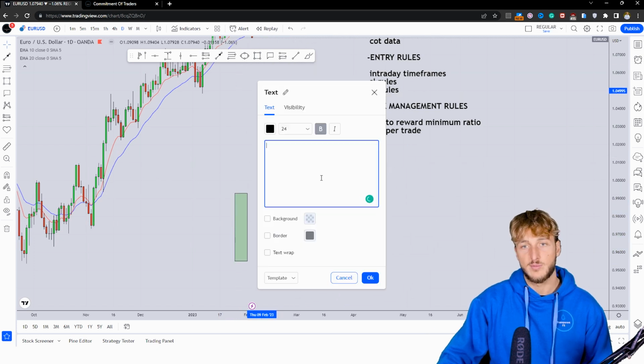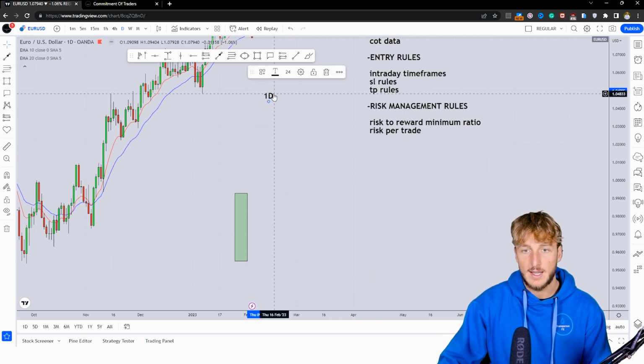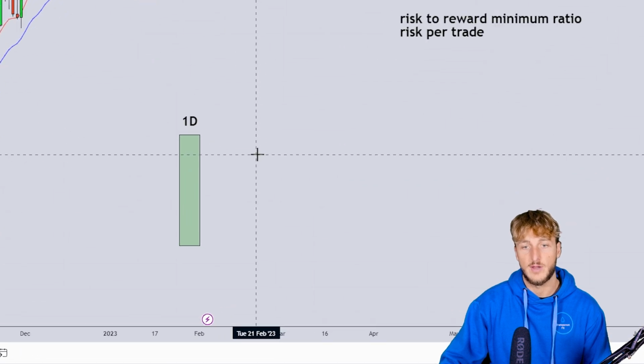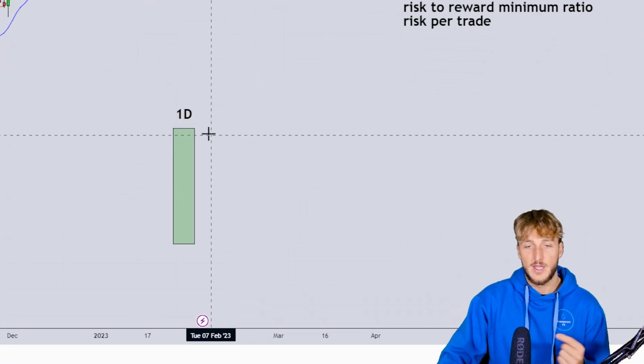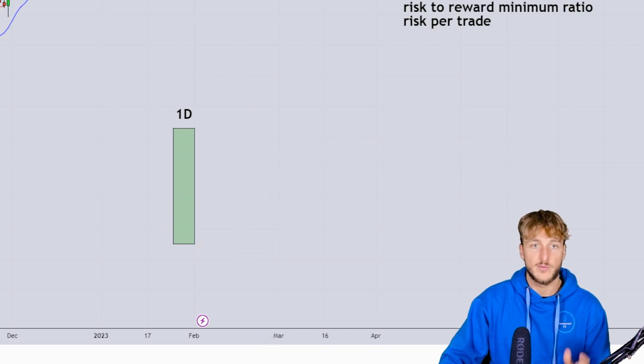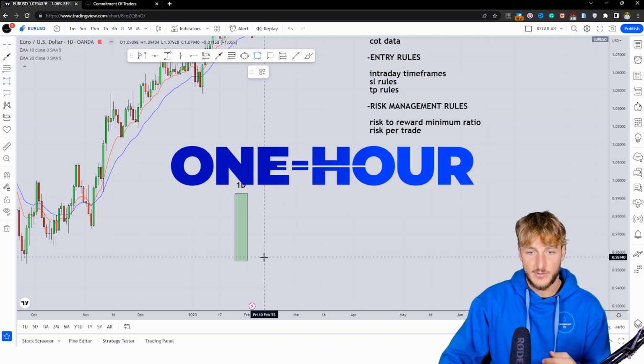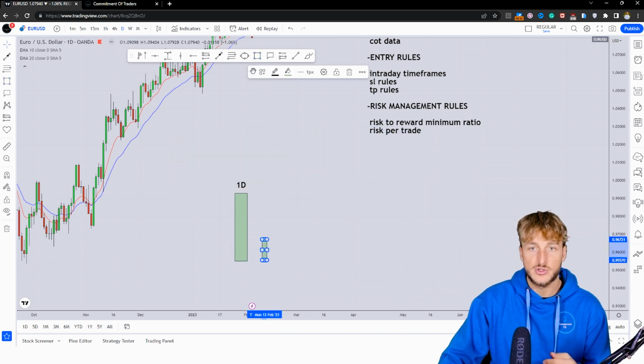Now, let's say this candle here is 1 day. Inside of 1 day, you have 24 hours, right? So if you have one daily candle, if you switch time frame and go from the daily time frame to the 1 hour time frame, inside of this daily candle you will see so many bullish and bearish candles. You will see 24 different candles.